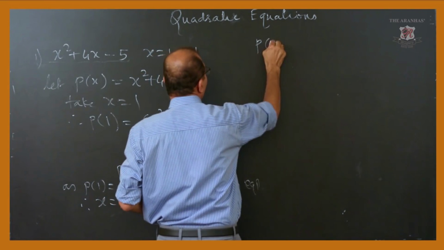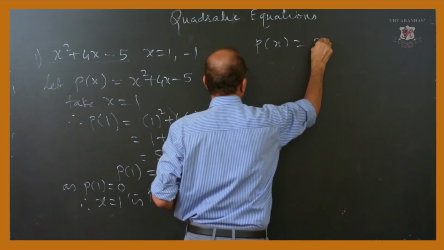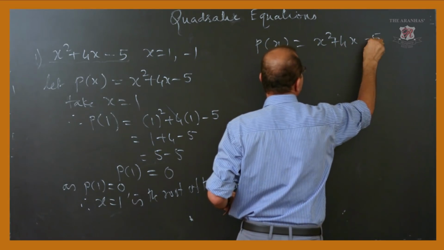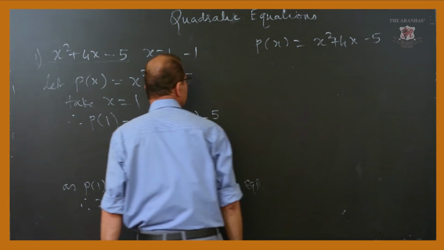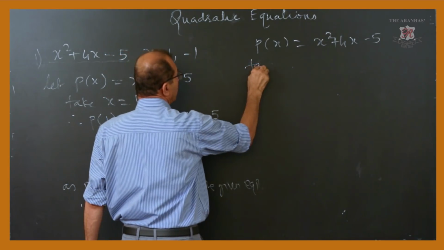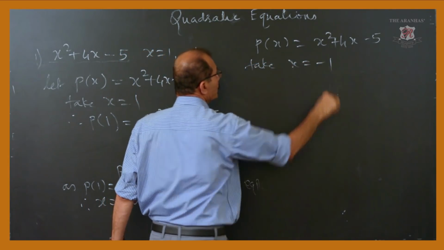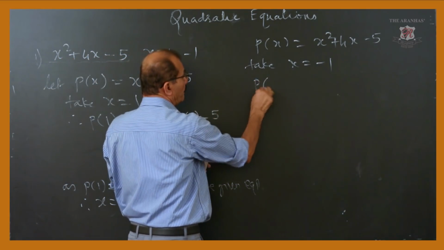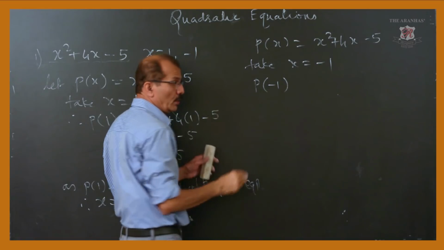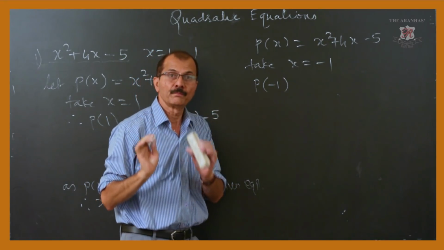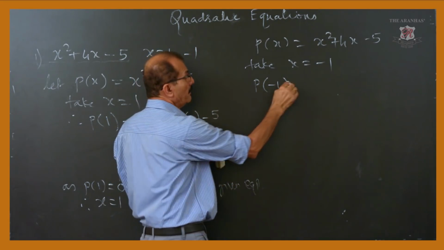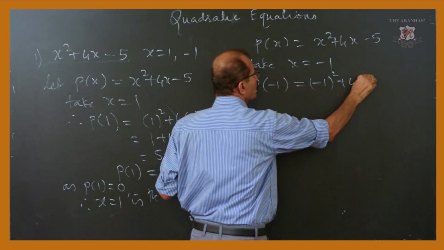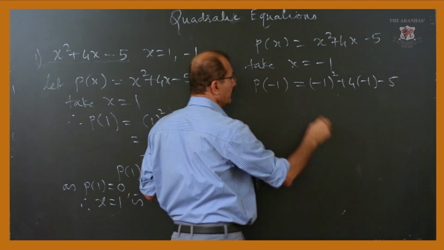Again you write the polynomial p of x, x square plus 4x minus 5. Take x equals minus 1. Therefore, p of x means minus 1. I told you wherever x is there, you put the value x equals minus 1. Minus 1 square plus 4 into minus 1 minus 5.